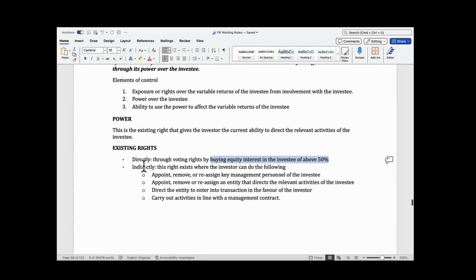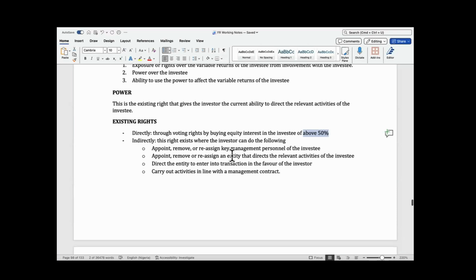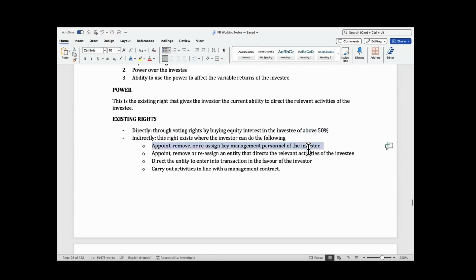It might be indirectly. You can have these rights indirectly. Of course, you must have bought shares, but in case your shares is not up to 50%, like in the case of $1 now, you might still have these rights. And this can be shown where you can do the following. You can appoint, remove, reassign key management personnel of the investee.